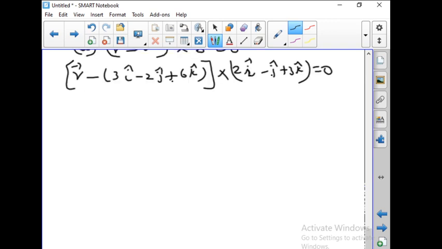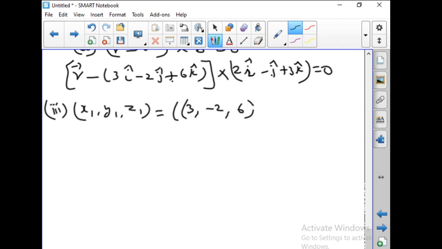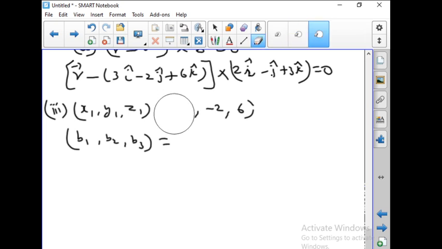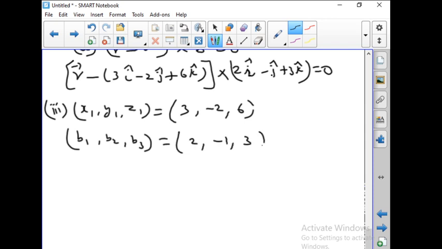Next we will go to the Cartesian form, third one. Here x1, y1, z1 is equal to 3, minus 2, 6. And direction ratios are proportional to, that is b1, b2, b3 is equal to 2, minus 1, 3.